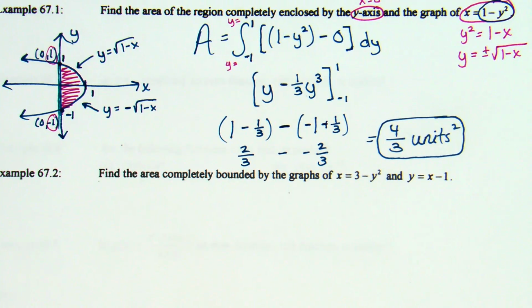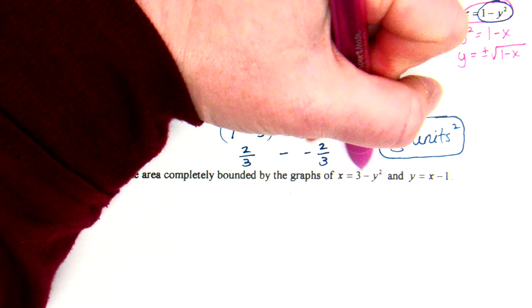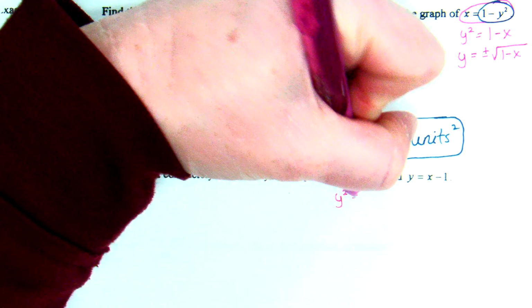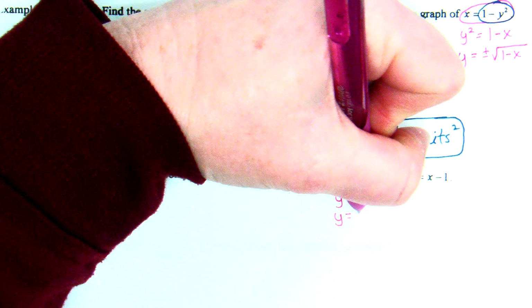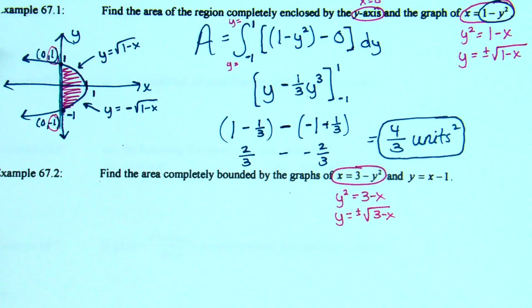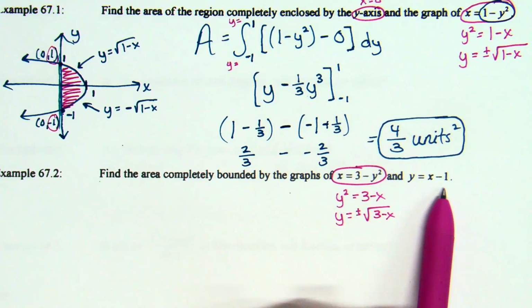However, could you solve it for y? If we solve it for y, it's y squared equals 3 minus x, and so y is plus or minus the square root of 3 minus x. What about y equals x minus 1? That's okay to graph, isn't it?